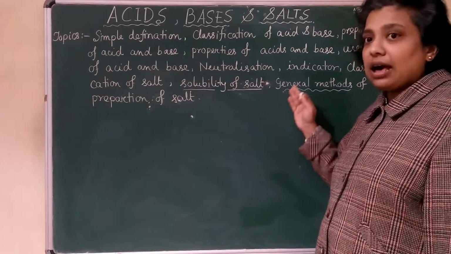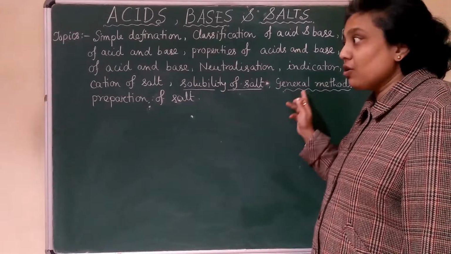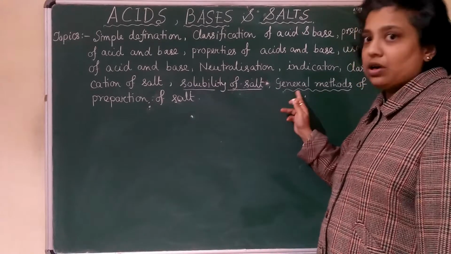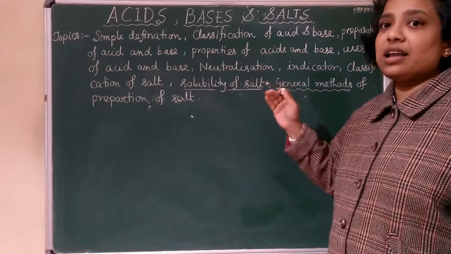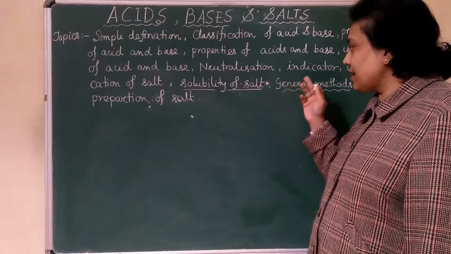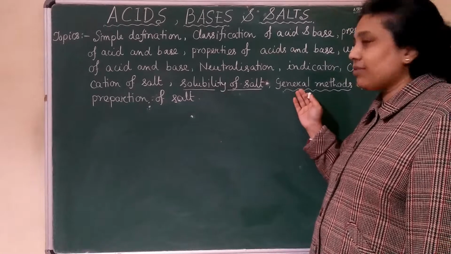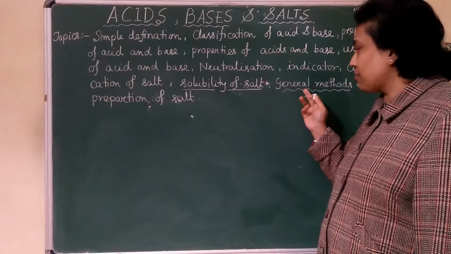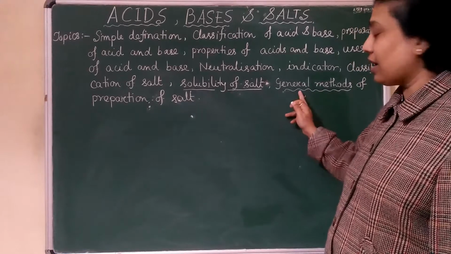So I will discuss this point also for your understanding, because in chemistry few topics are interrelated with other chapters. Although in the syllabus they have reduced this point. You check the reduced syllabus, you will understand.